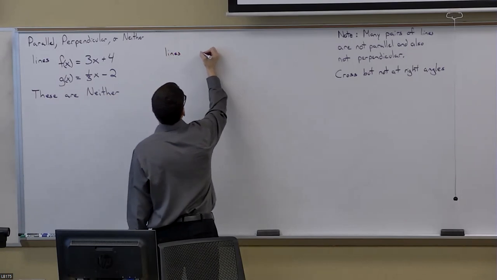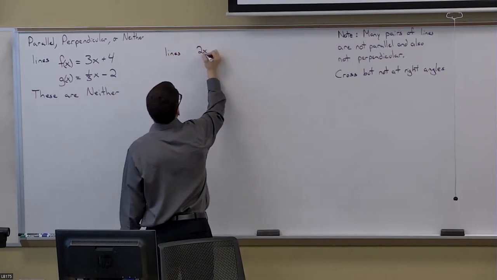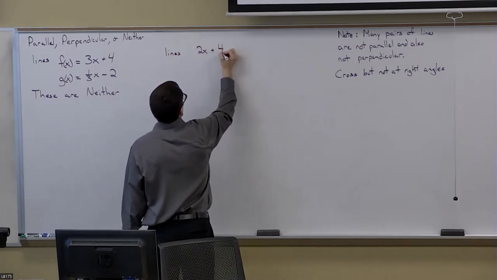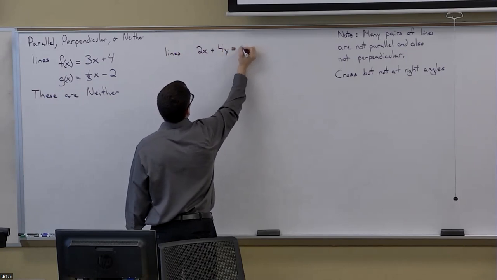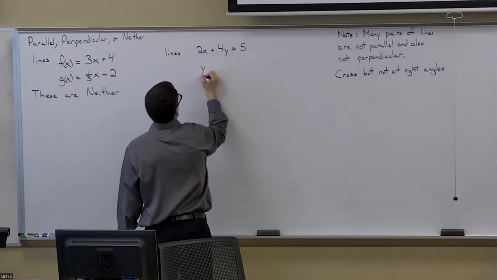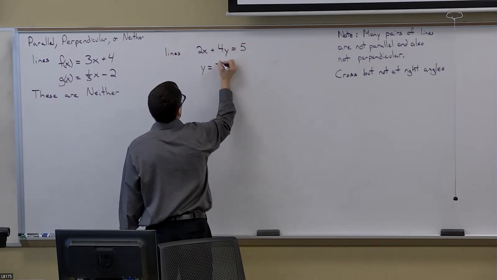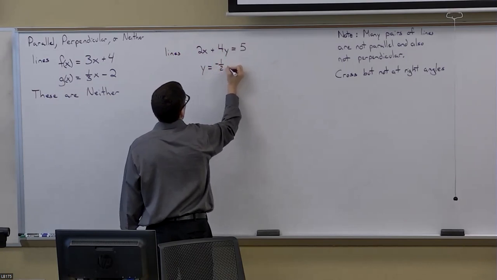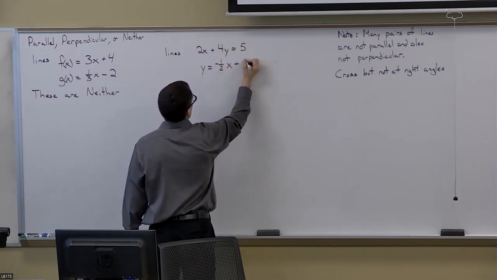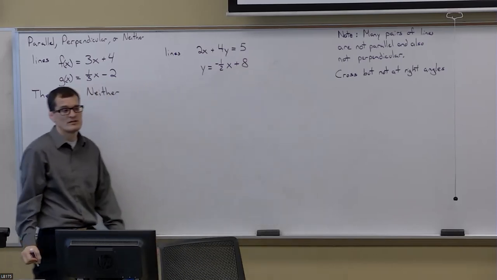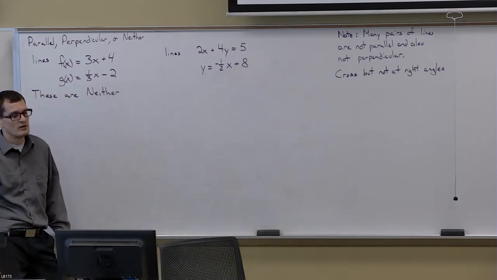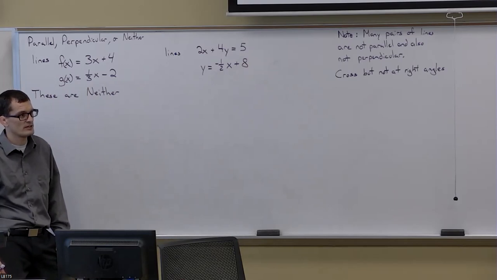What if we had something like this? 2x plus 4y equals 5, and y equals -1/2 x plus 8. What would I do to figure out whether these are parallel, perpendicular, or neither?